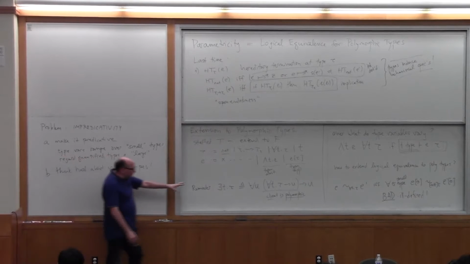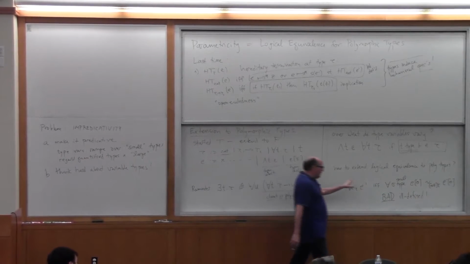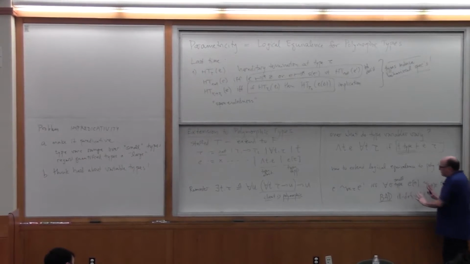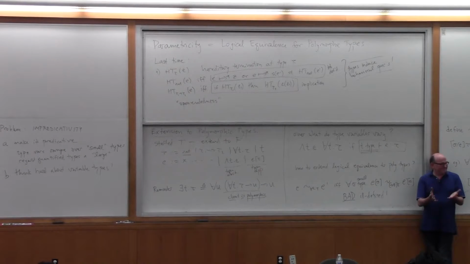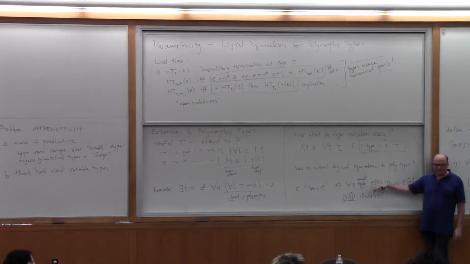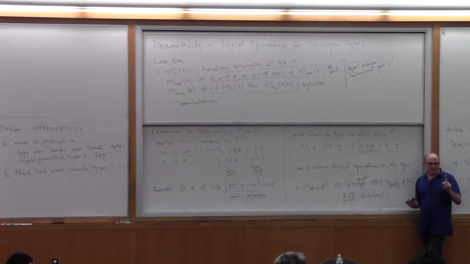So if you look at what I'm doing here, even if I do that small hack or not, what I'm doing is I'm saying type variables range over type expressions. The syntax. That's not what I want. That's what's wrong with the thing I'm going to do here. I don't want that.